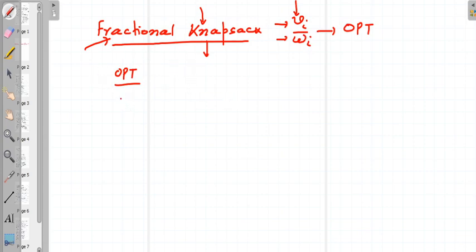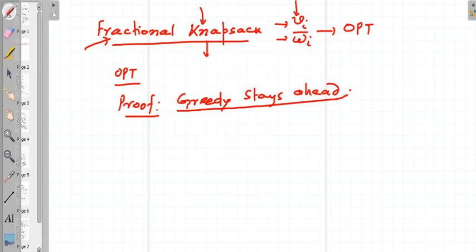then the proof again relies on the greedy stays ahead property. We have already seen a proof like this. In this case, let us think that this is my greedy algorithm, M, and there is any other algorithm A running parallelly on the same data.